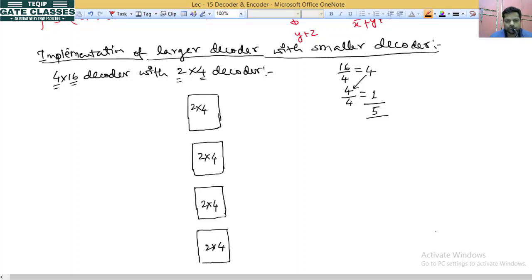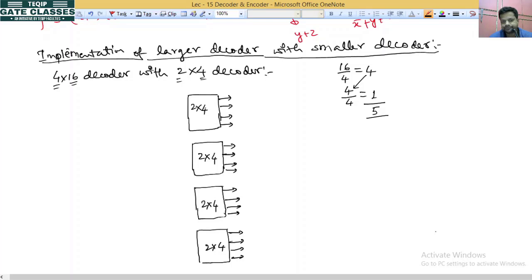This is for the 2x4 decoders. So here 1 2 3 4, 1 2 3 4, 1 2 3 4, 1 2 3 4, okay na?